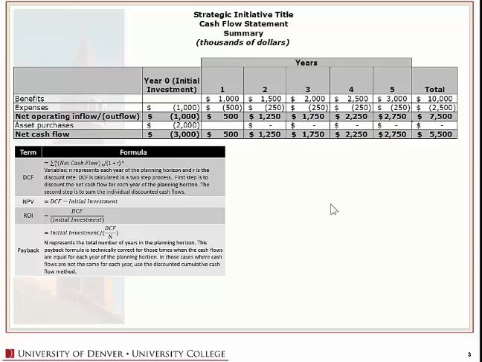So let's do this. What we're going to do is first calculate the discounted cash flow, and we're going to start with this complicated looking formula here, but we're going to break that down into its component parts. We're going to first assume that our weighted average cost of capital is 14%. That is risk adjusted, and therefore that will be our discount rate. We'll use that discount rate to calculate the discounted cash flow for each year.